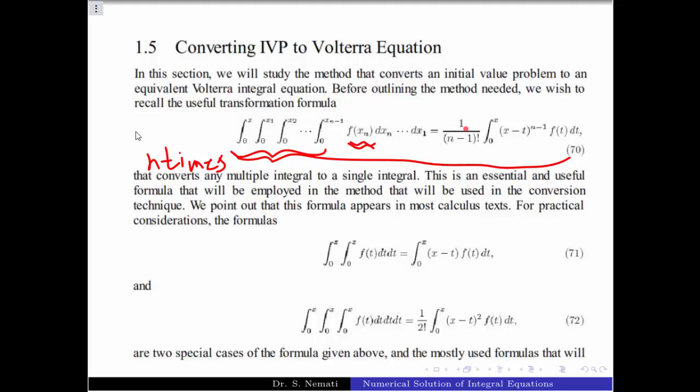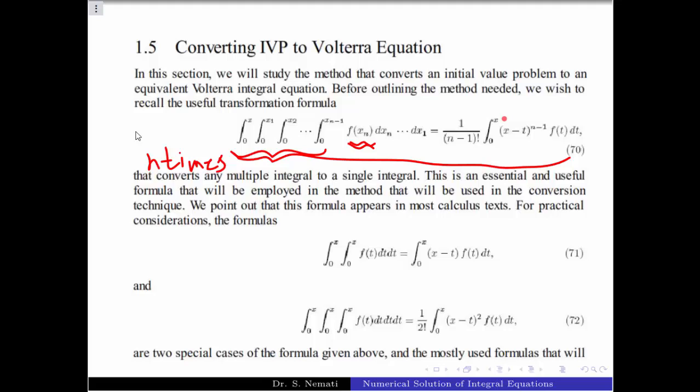This formula helps us to do this more easily. Actually, you see that n times integration of the function f is equal to 1 over (n minus 1) factorial times the integral of (x minus t) to the power n minus 1 times f of t dt from 0 to x.